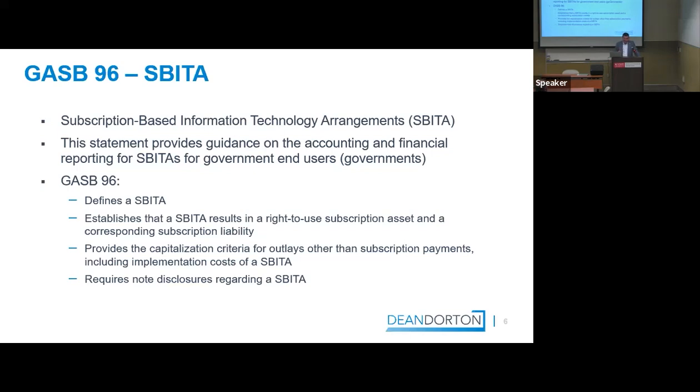It establishes that a SPIDA results in a right to use subscription asset and a corresponding subscription liability. It provides the capitalization criteria for cost incurred related to subscription-based payments, along with implementation costs, and it provides some examples of the footnote disclosures that are going to be required as you adopt SPIDAs.